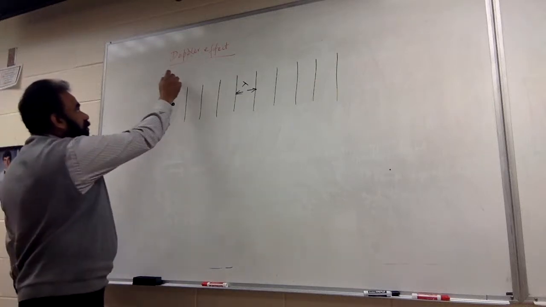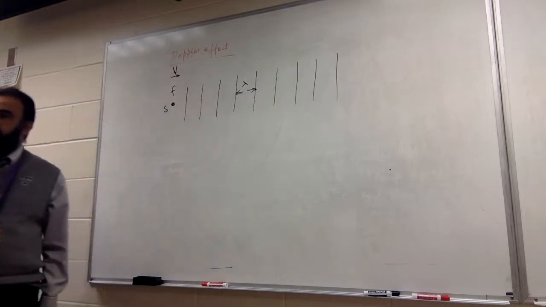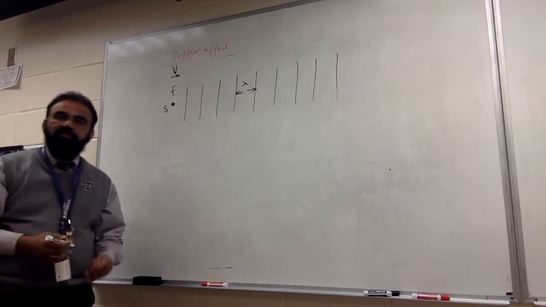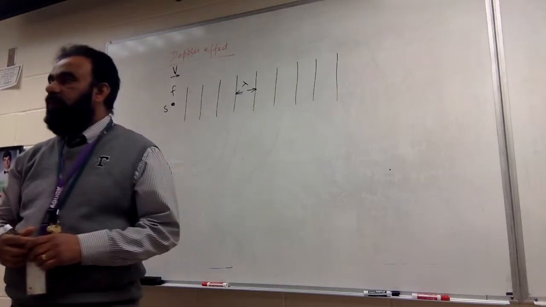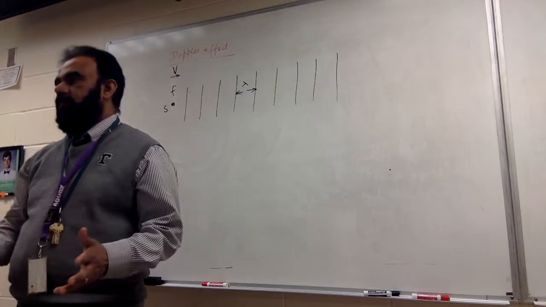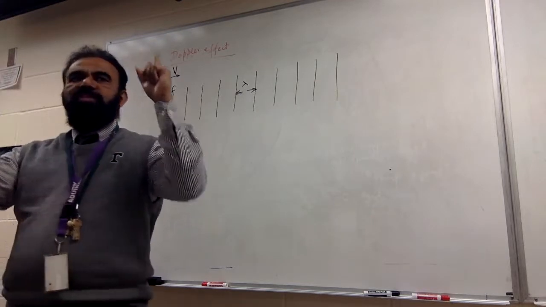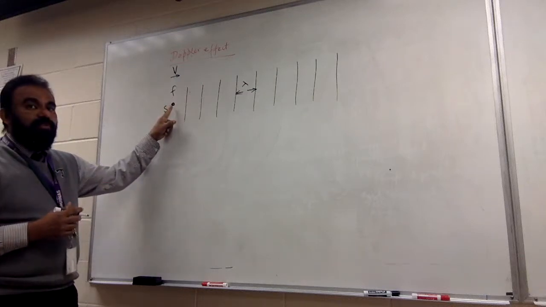Now, the wave is moving at the speed of sound. What's the speed of sound definition? It's the distance moved by the waves in 1 second. So now let's look at a 1 second period of time. In 1 second, how far did the first wave move?